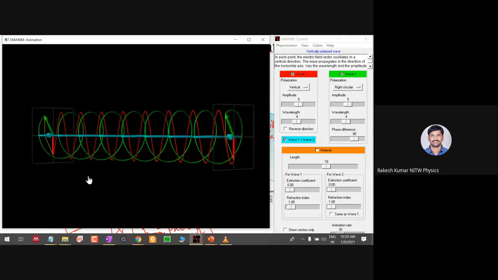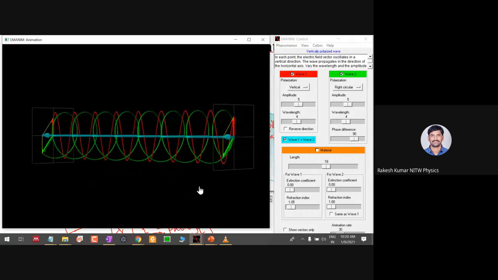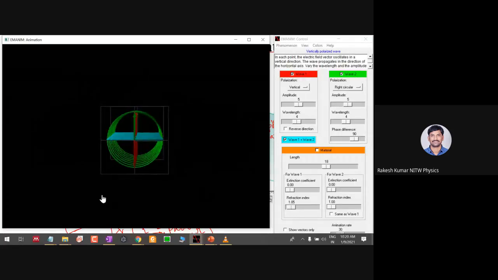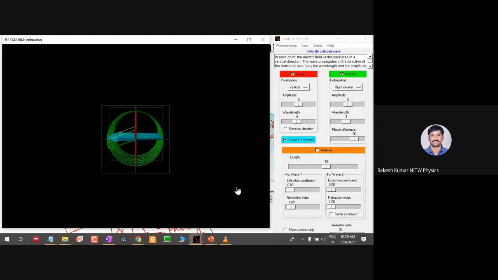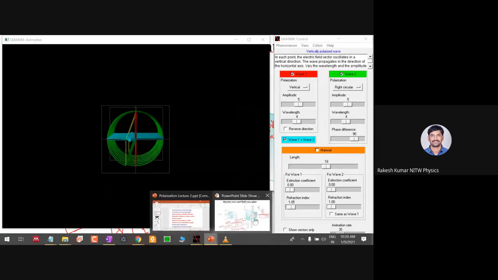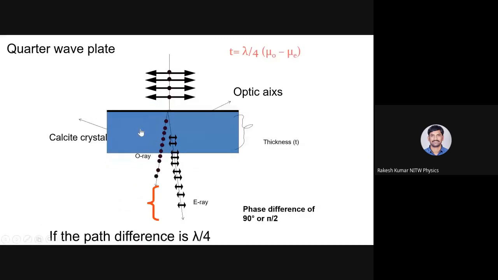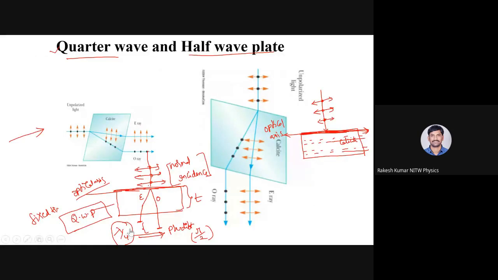One is horizontal, one is vertical, and they have a phase difference of pi by 2. As a result, you are going to get a circularly polarized light. So that means whenever you pass light through a quarter wave plate, you can expect the output as two waves which have a path difference of lambda by 4 and a phase difference of pi by 2. If you add those two, you are going to get circularly polarized light.